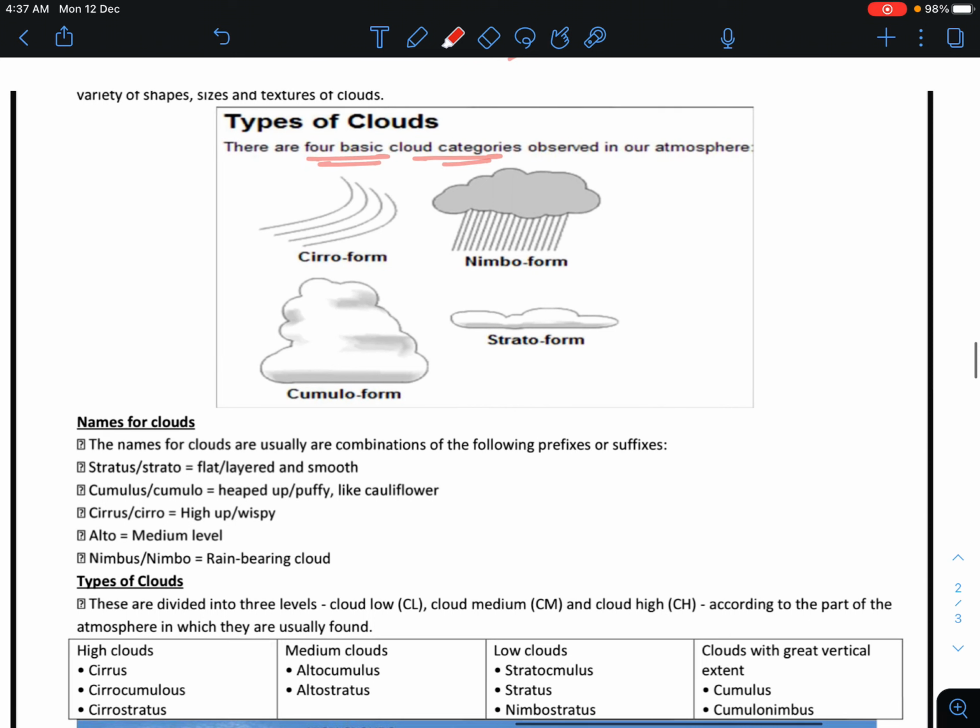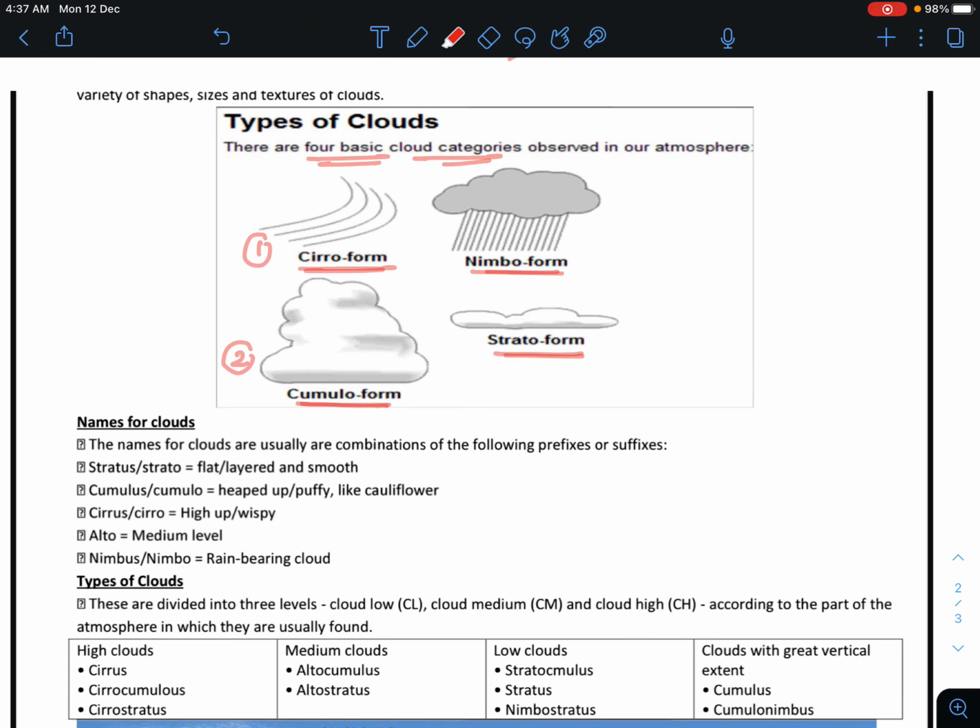First one is cirro, the second one is cumulo form, the third one is nimbo form, and the fourth one is strato form.